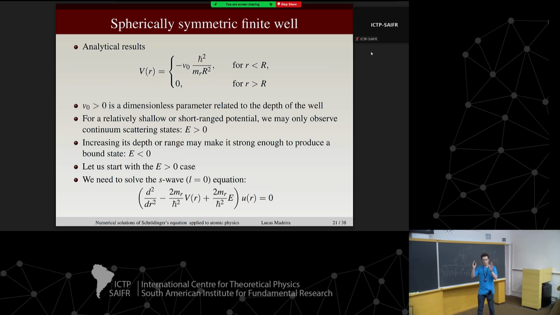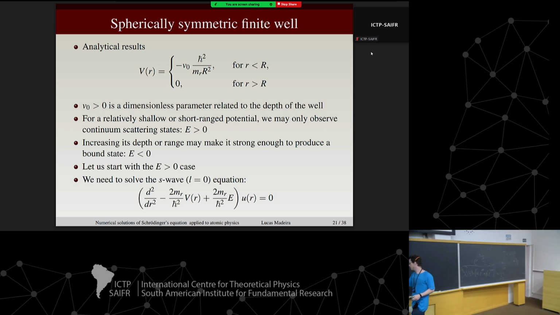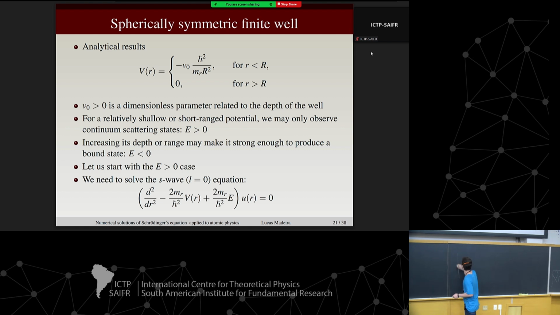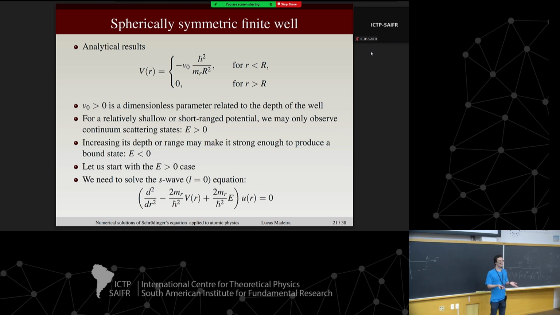All right. So I want to do a concrete example with you, which is the spherically symmetric finite well, spherical well for brevity, okay? And what does this potential look like? Well, it's attractive up to a range R, and outside of it, it's 0, all right?